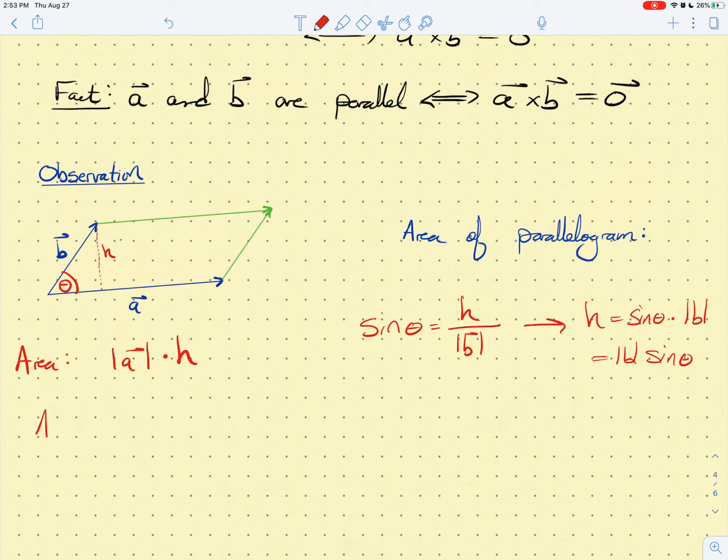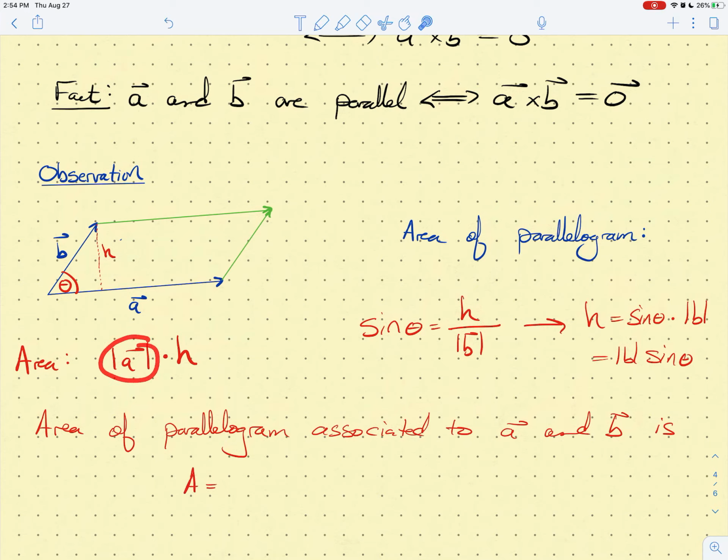And so the area of the parallelogram associated to A and B is, we've got it right here, length A times the height, which we said was length B sine theta.